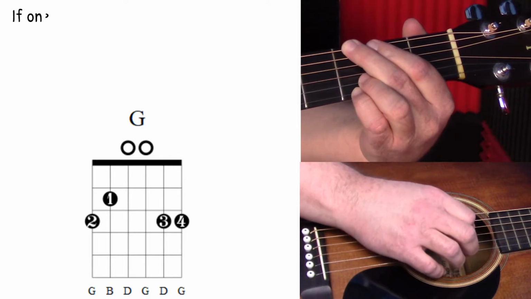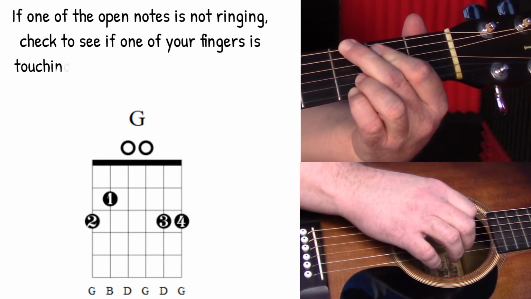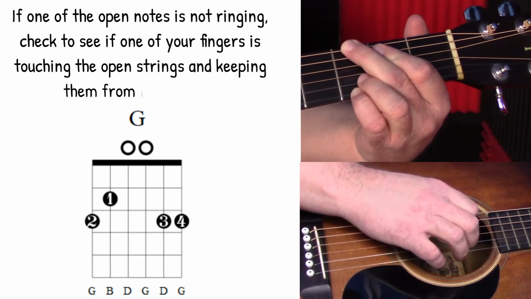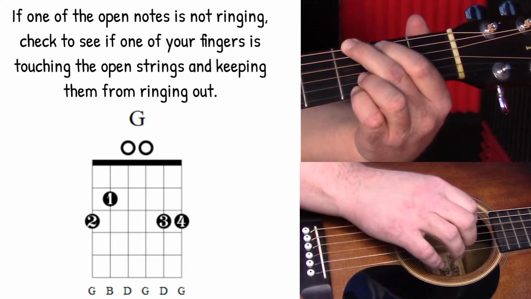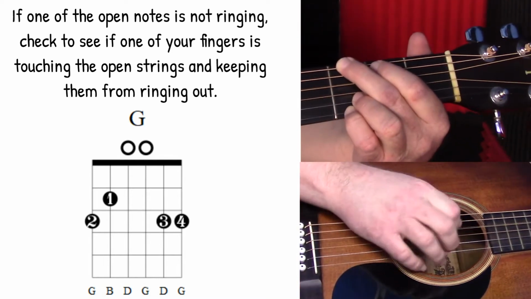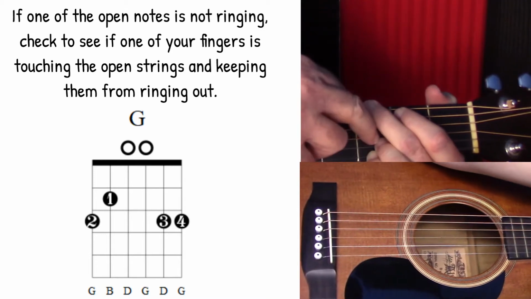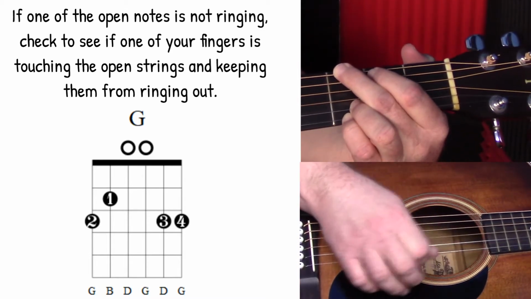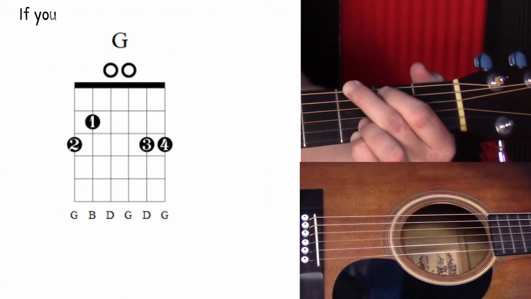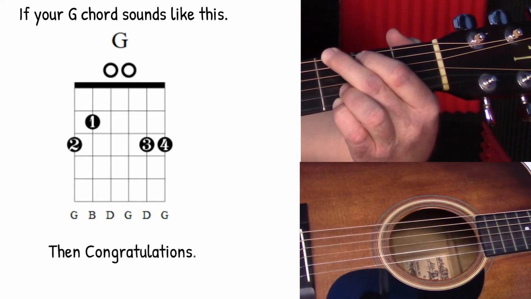If one of the open notes is not ringing, check to see if one of your fingers is touching the open strings and keeping them from ringing out. If your G chord sounds like this, then congratulations, you just learned a G chord.